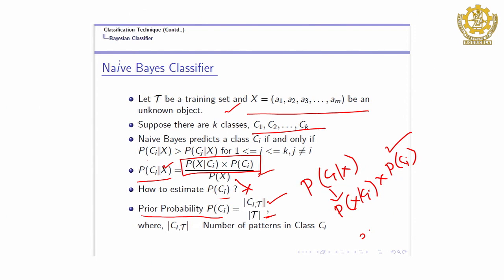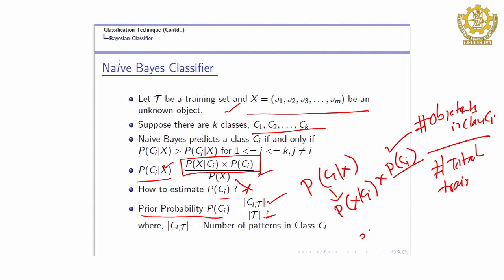The probability of a pattern belonging to a particular class is nothing but the number of objects in class Ci divided by the total number of training samples. So, what is left over? Left over is this problem. For this one we will use the naive Bayes formula. Now, we explore this one.